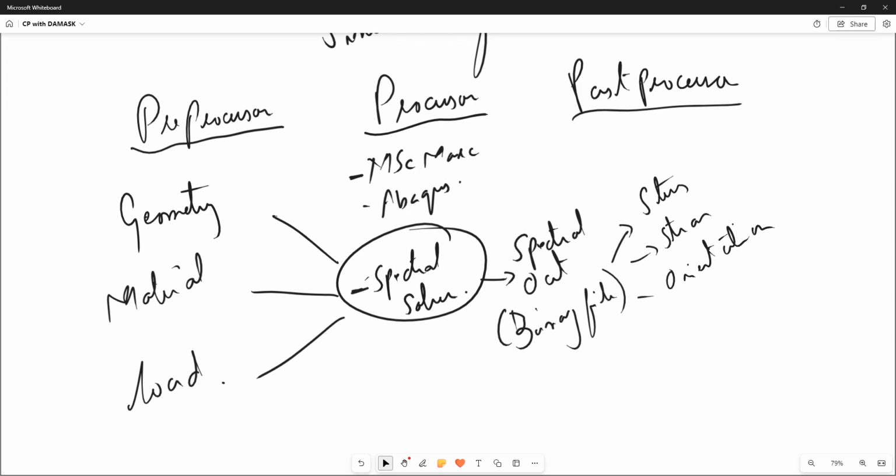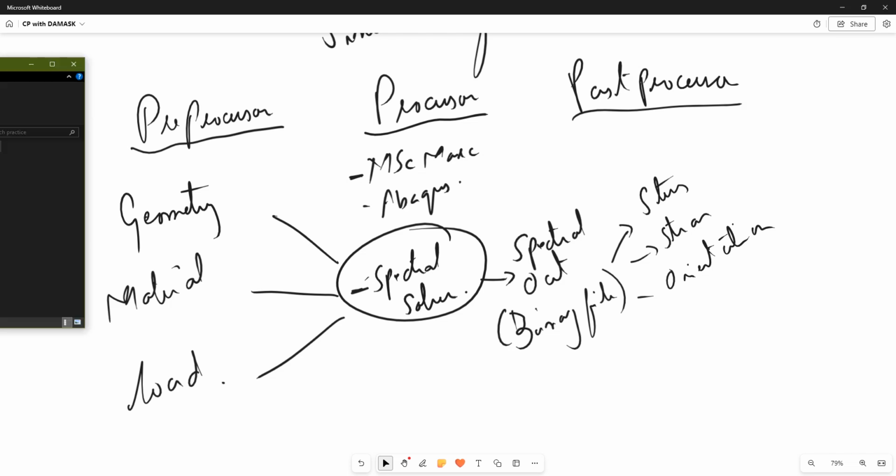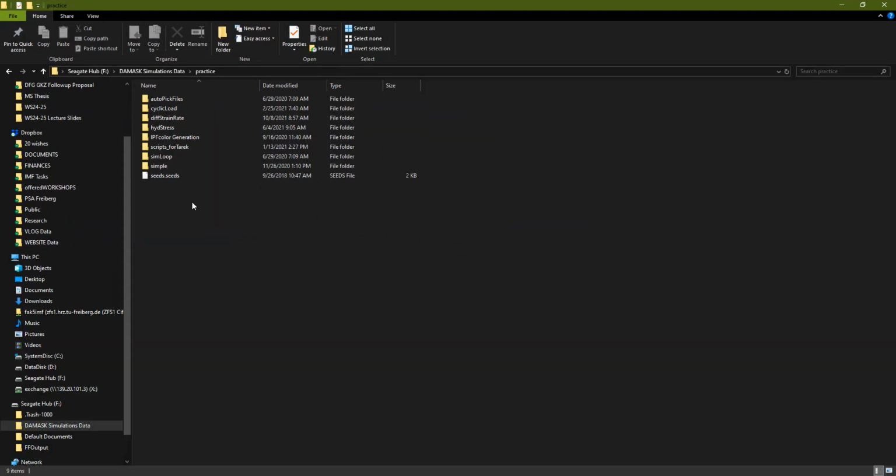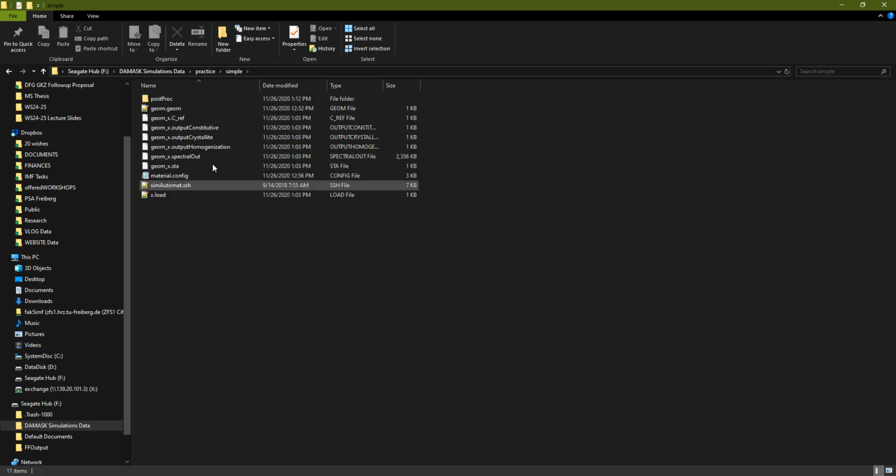Okay, and what I can do very nicely is show you how these three files look. So I have this folder where I have some examples, and we can see, for example, a geometry file.